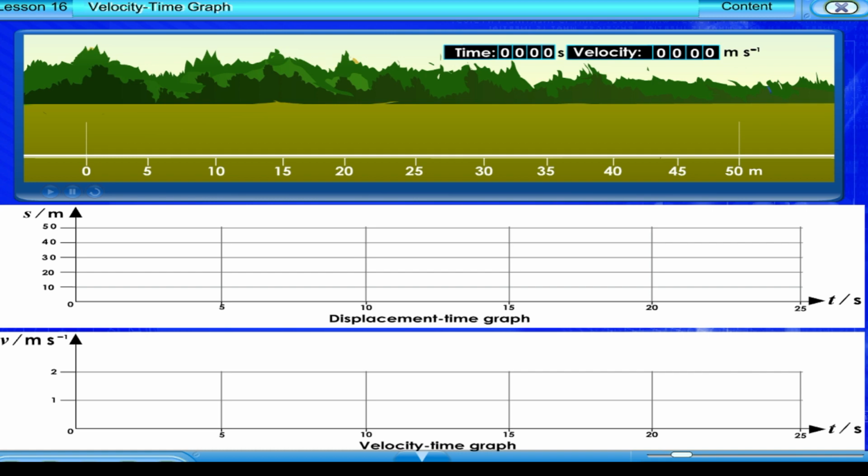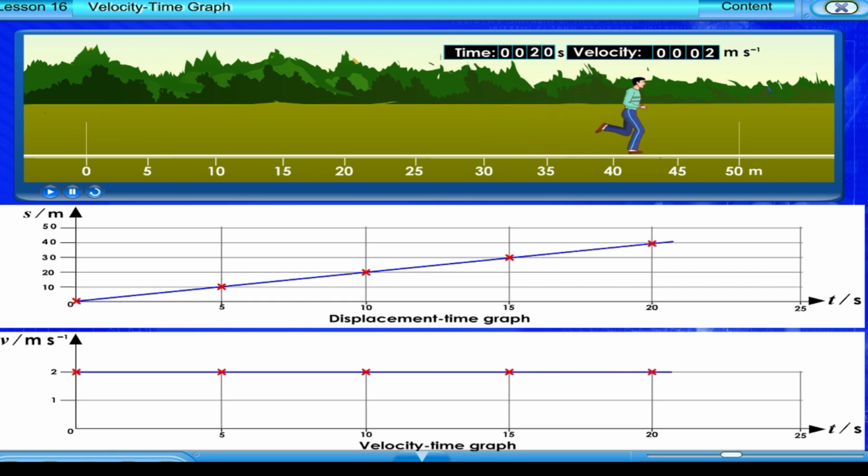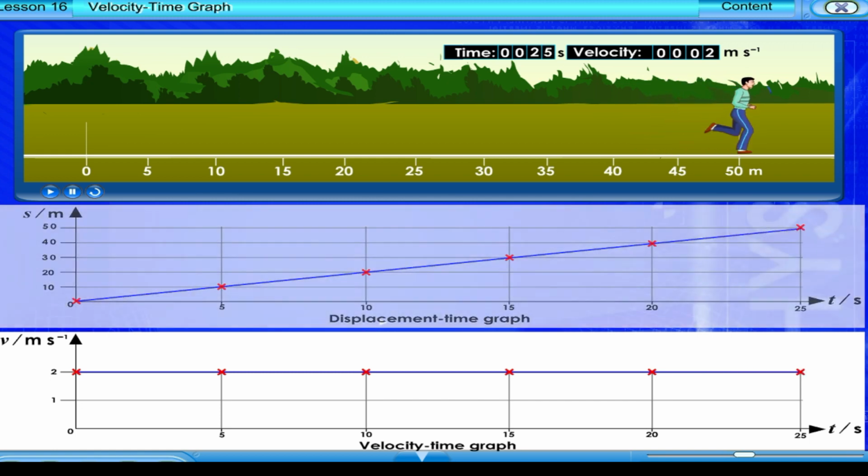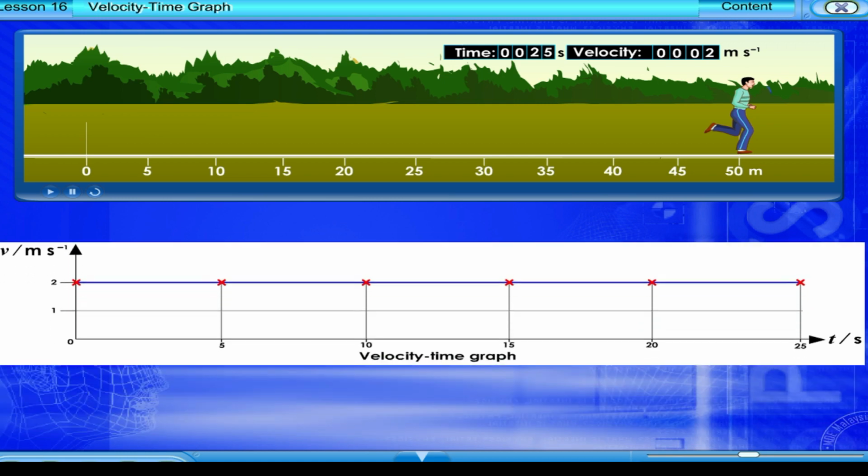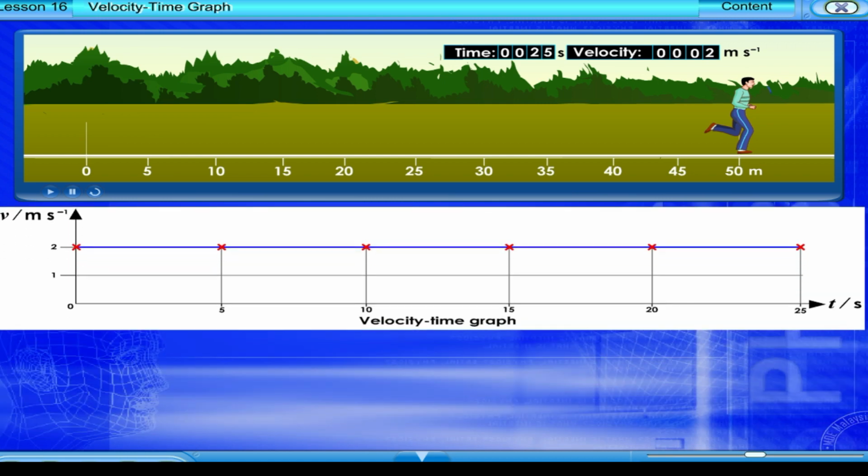Click on the play button. Let us analyze this velocity versus time graph.